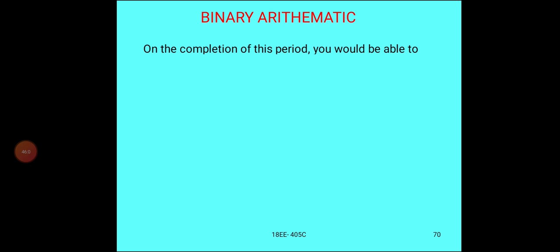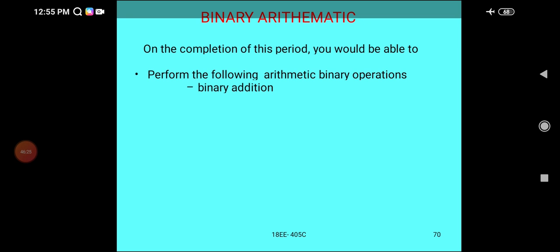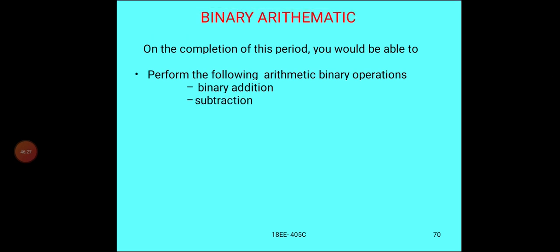Binary arithmetic. Our next topic is binary arithmetic. On the completion of the period, you will be able to perform the following arithmetic binary operations: binary addition, subtraction, multiplication, division.